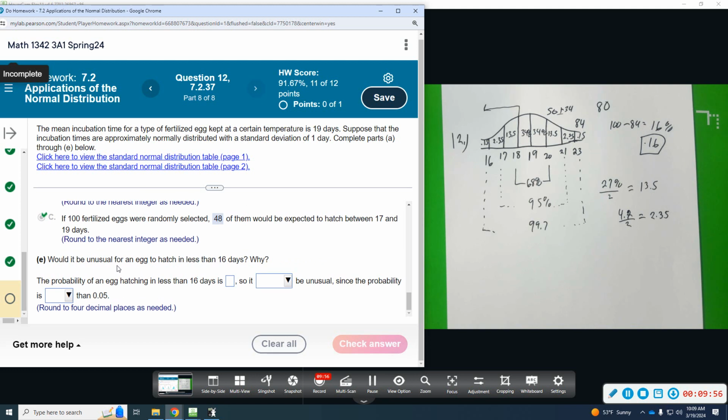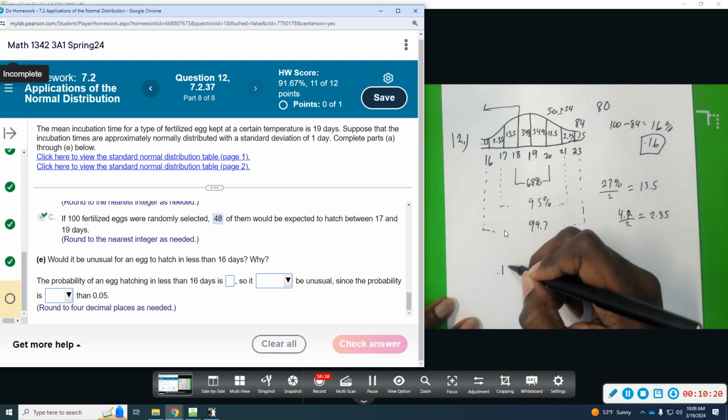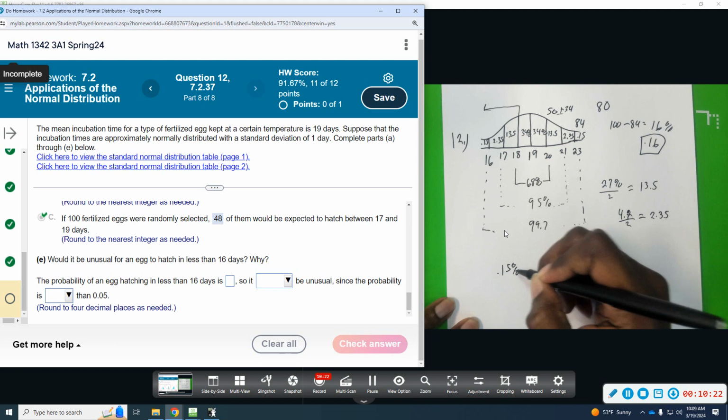And then, would it be unusual for an egg to hatch in less than 16 days? Why or why not? So less than 16 would be here. And we are looking at 0.15. Now, this is a percentage, so this is 0.15%.